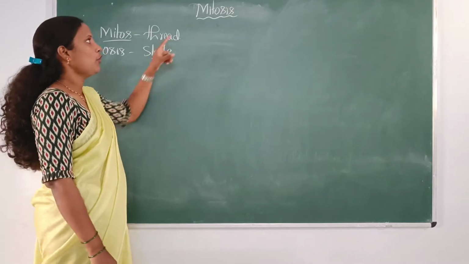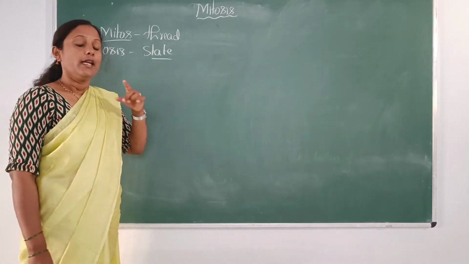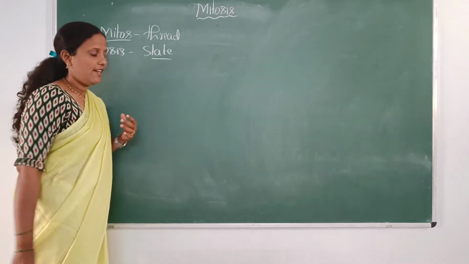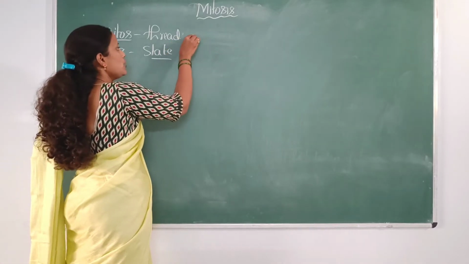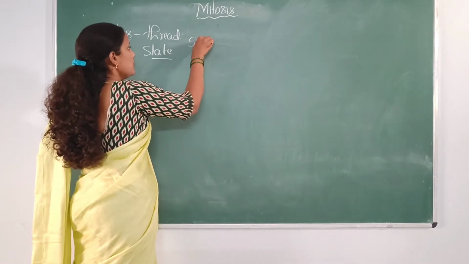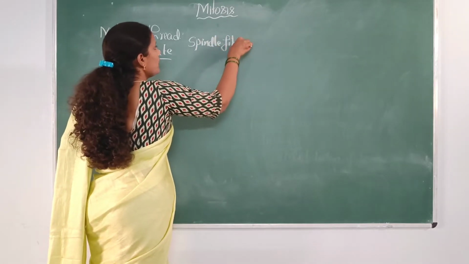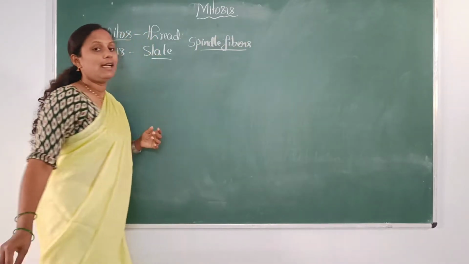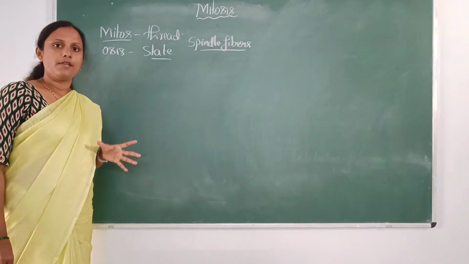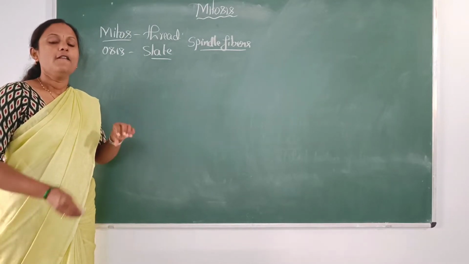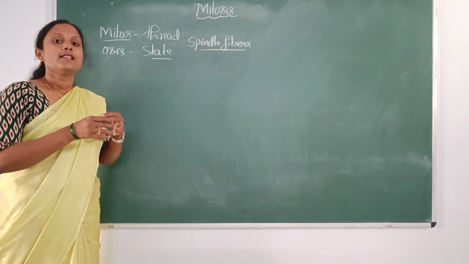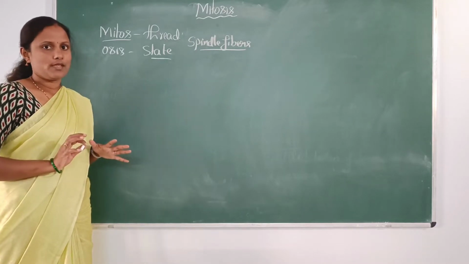So that is the meaning of mitosis. Here in mitotic cell division there is a formation of thread-like structures called spindle fibers. Spindle fibers are the thread-like structures which are formed during the mitosis, which helps in separation of chromosomes.